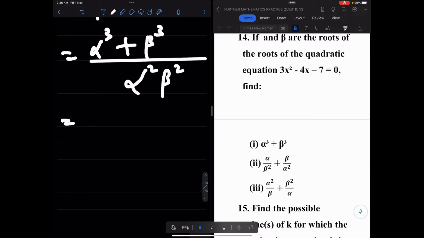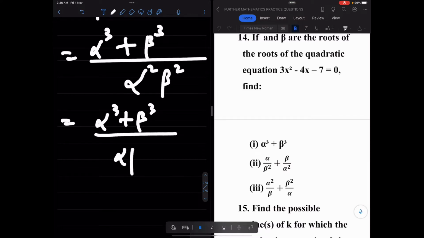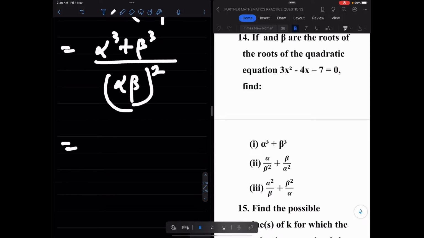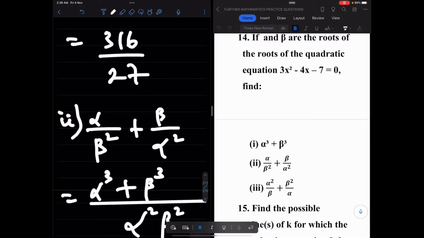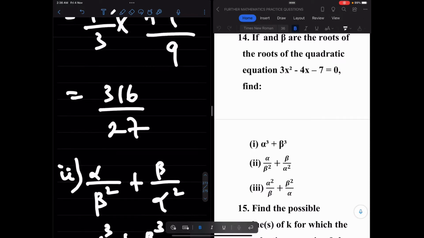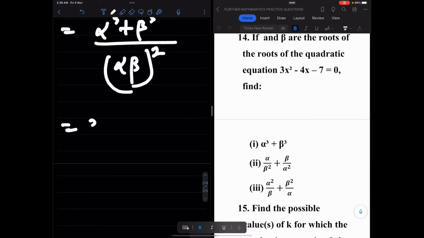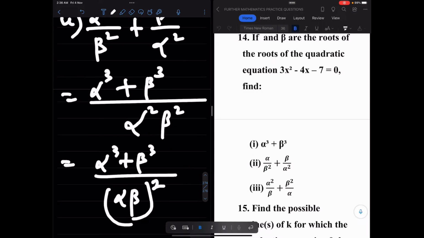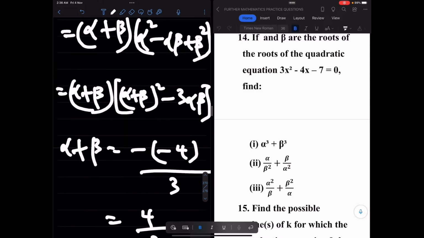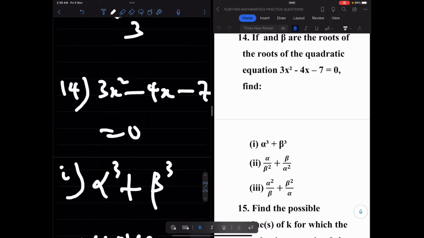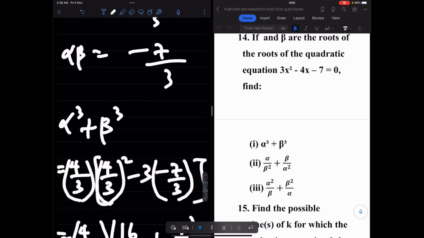And this is the same as alpha cubed plus beta cubed over the square of alpha beta. And we just found alpha cubed plus beta cubed, which is 316 over 27. So that means 316 over 27 divided by the square of alpha beta, where alpha beta is minus 7 over 3.